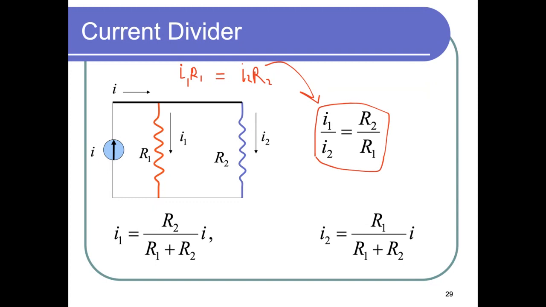So this is what's called the current divider. And another expression we have for this relationship is basically I1 equal to R2 multiplied by I over R1 plus R2. Similarly for I2. I'll stop here because time is up, and I'll stay around for a few minutes if you have questions.